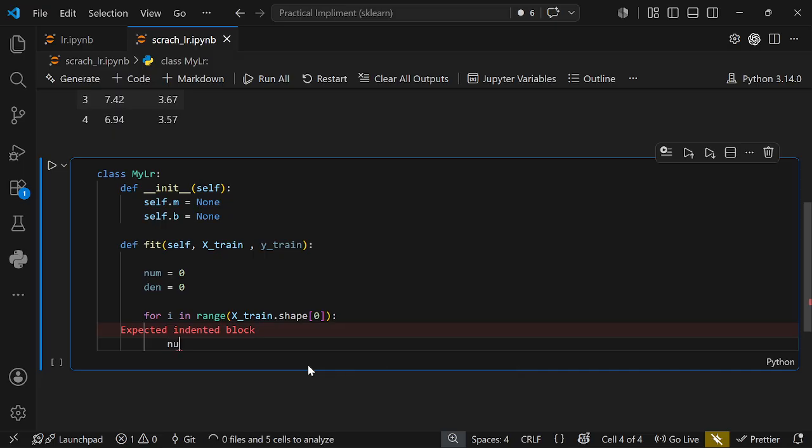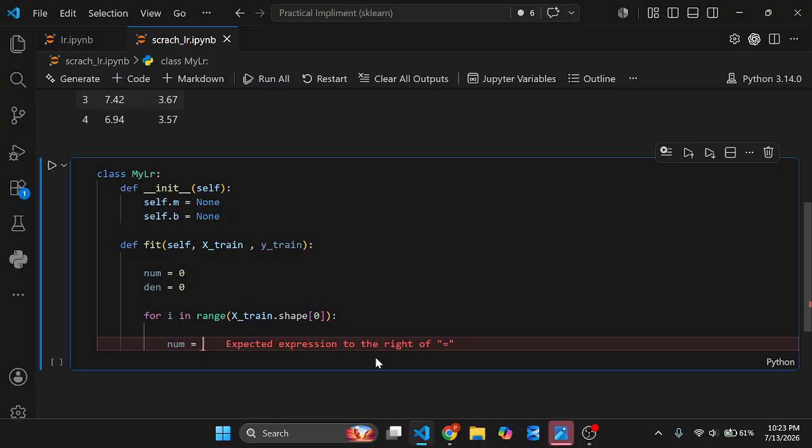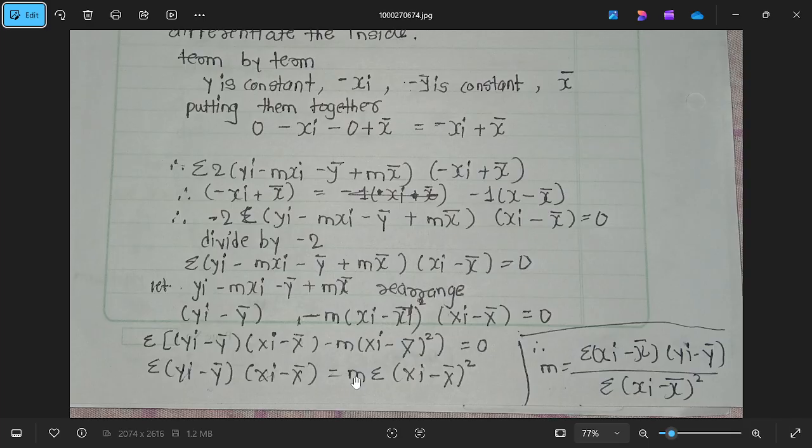So what are we going to calculate here? First we calculate the num, which is the numerator, simply the summation of xi minus x bar into yi minus y bar. So this is the num plus, let's take the first bracket, which is xi minus x bar.